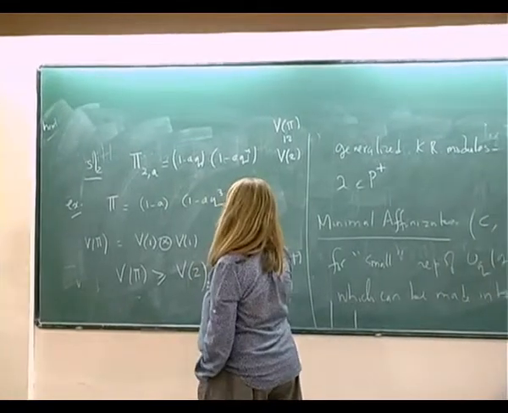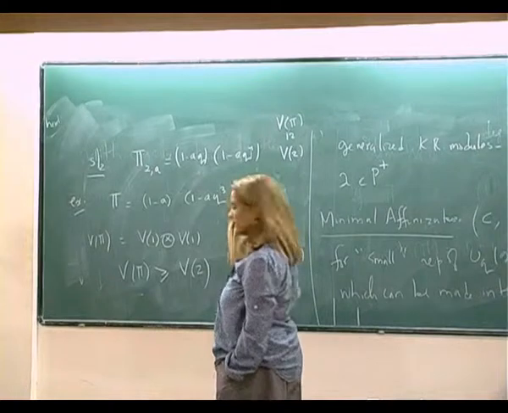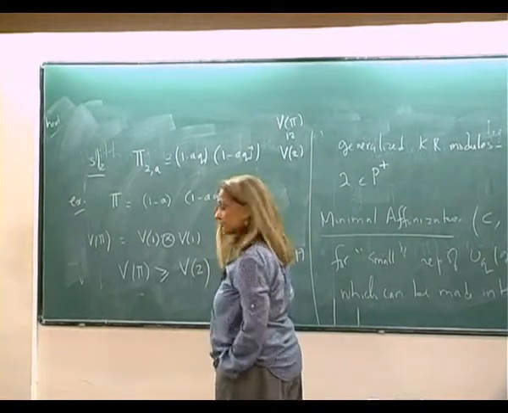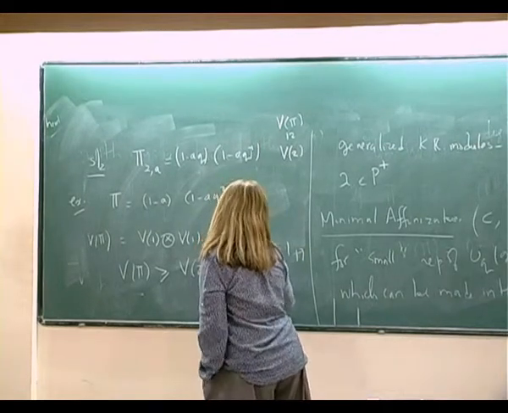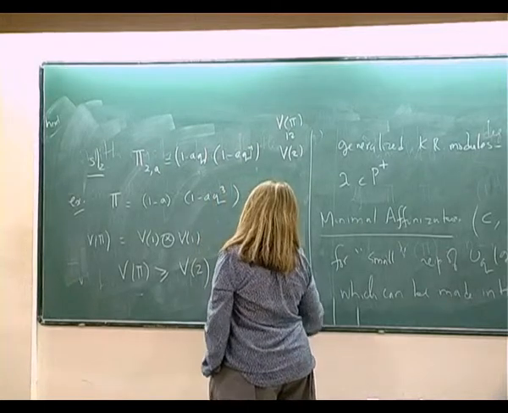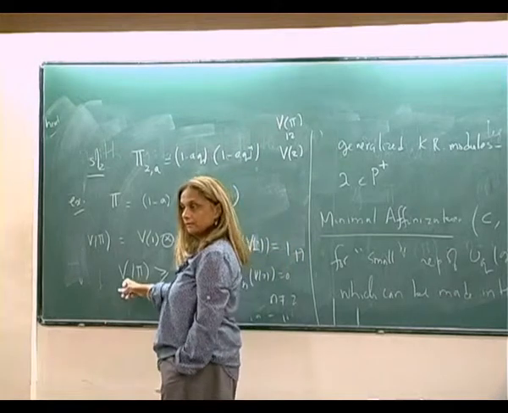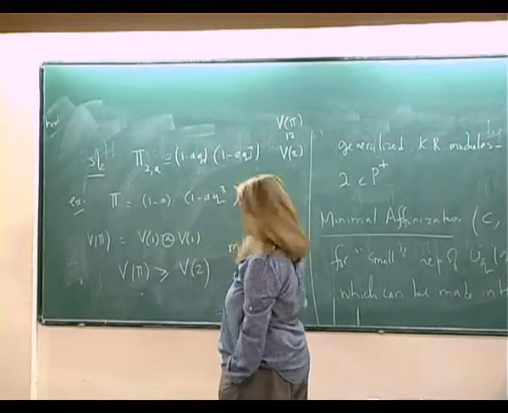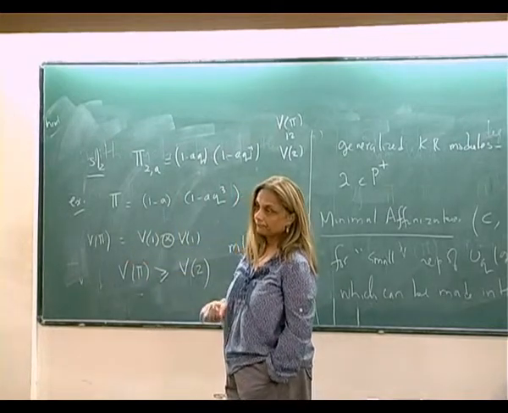M_2 of V_2 is 1, and M_n of V_2 is 0 if n is different from 2. And I have over here, the highest weight is 2, which occurs with multiplicity 1, and 0 is less than or equal to anything else which might appear over there.